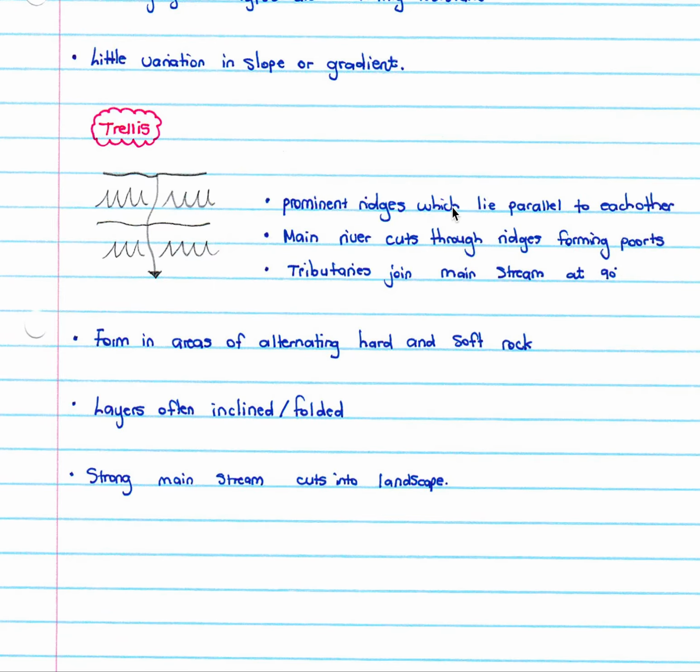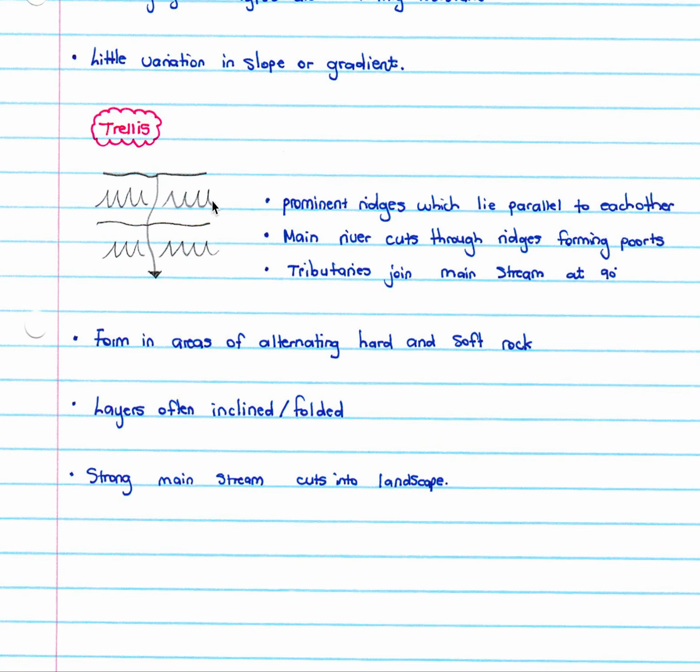There will be prominent ridges which lie parallel to each other, as we can see over here. The main river cuts through these ridges, forming gaps, as we can see, and tributaries join the main stream at 90 degrees. These would be your tributaries that join your main stream, which runs here, at 90 degrees. Now, a trellis pattern will form in an area of alternating hard and soft rock.